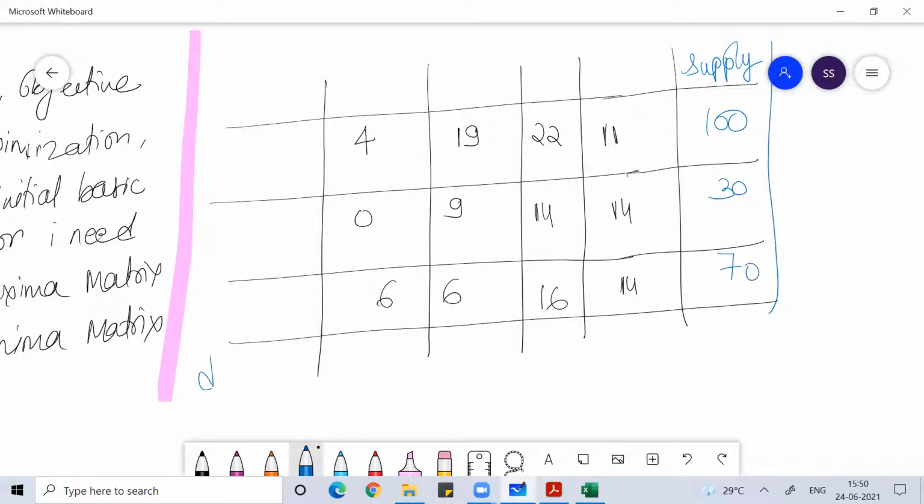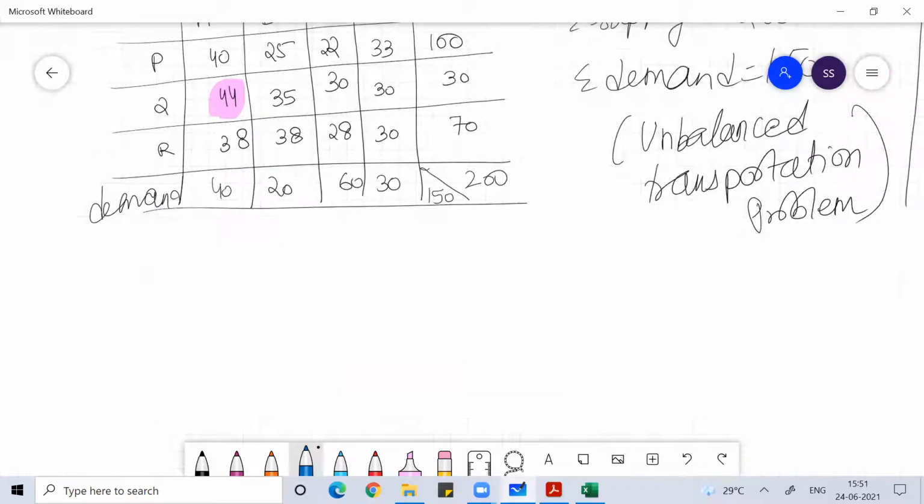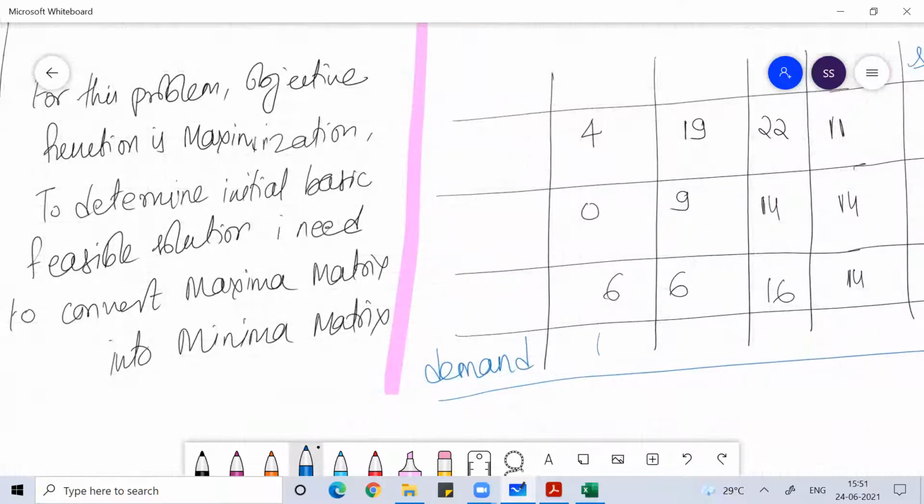And if you see your demand, it is 40, 20, 60, 40, 20, 60, and then 30.